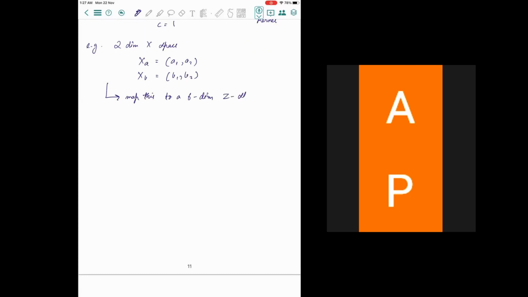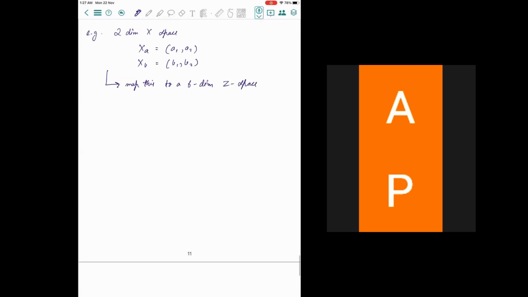Then to solve this dual SVM, there are two methods. One is za equals phi of xa. This is our transform. We'll have 1, a1, a2, a1 squared, a2 squared, and the cross term a1 a2. Similarly, we'll have zb equals phi of xb equals 1, b1, b2 and so on.